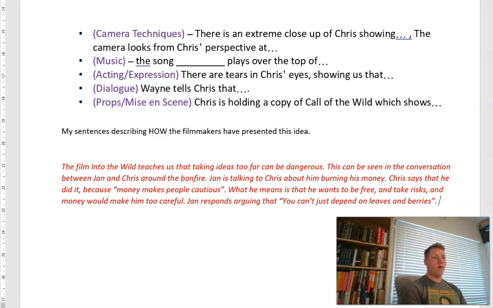Alright, now what I'm going to do is do a quick flash forward in my mind, because we know that he ultimately dies from eating these leaves and berries, or eating the wrong one. He eats that potato plant weed thing, and it accidentally poisons him.